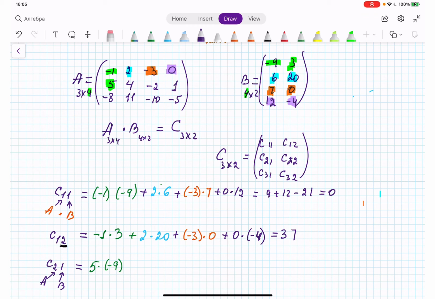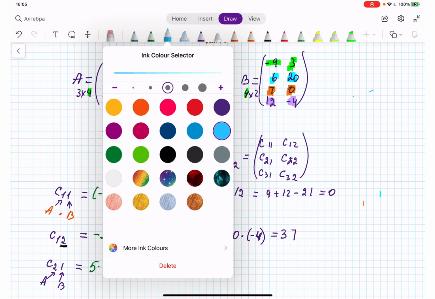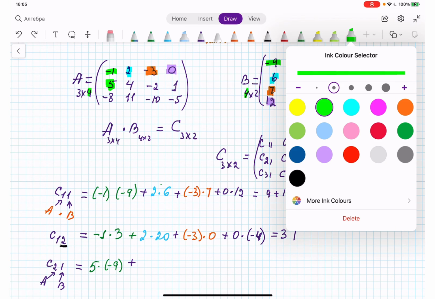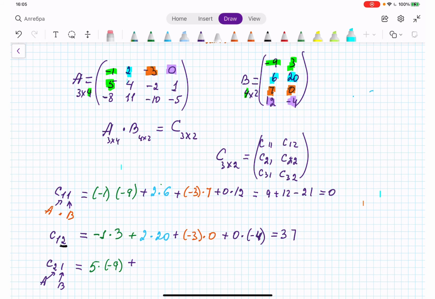Plus 4 multiplying by 6, again the first column.